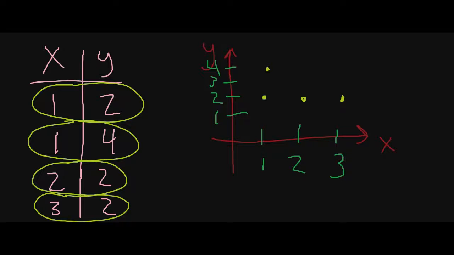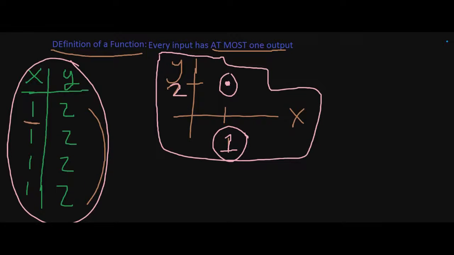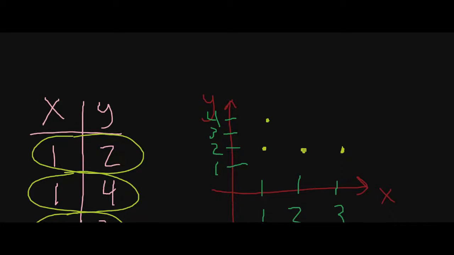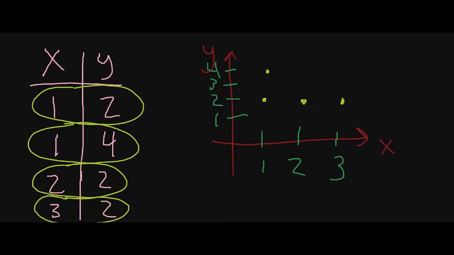Now if we go back to our definition, it states that every input has at most one output. If we look down below at this table, the input 1 has 2 different outputs.